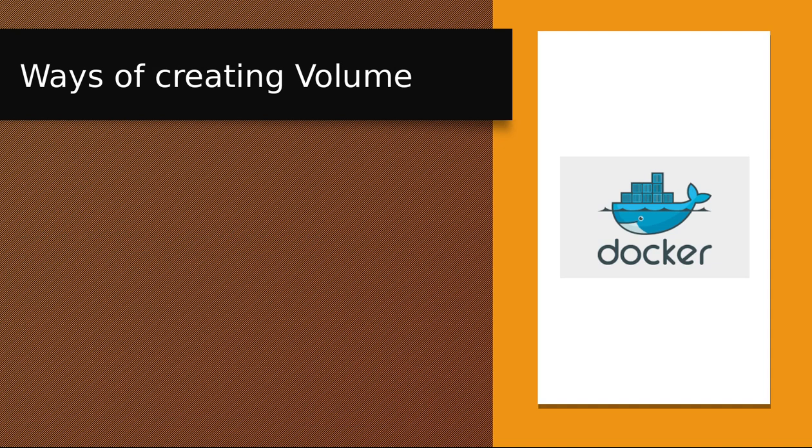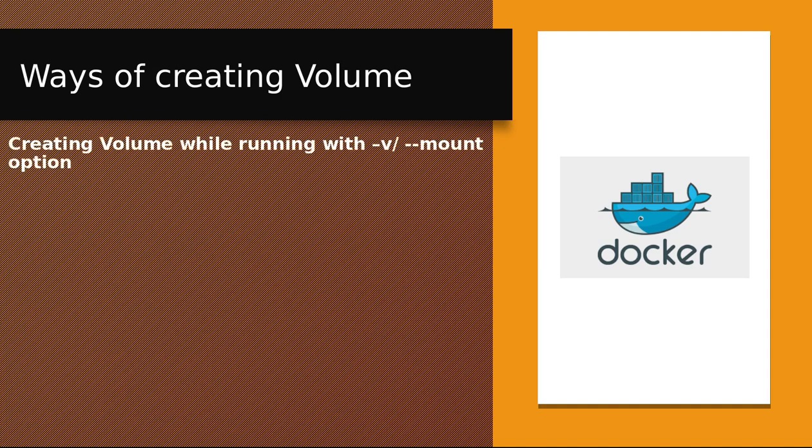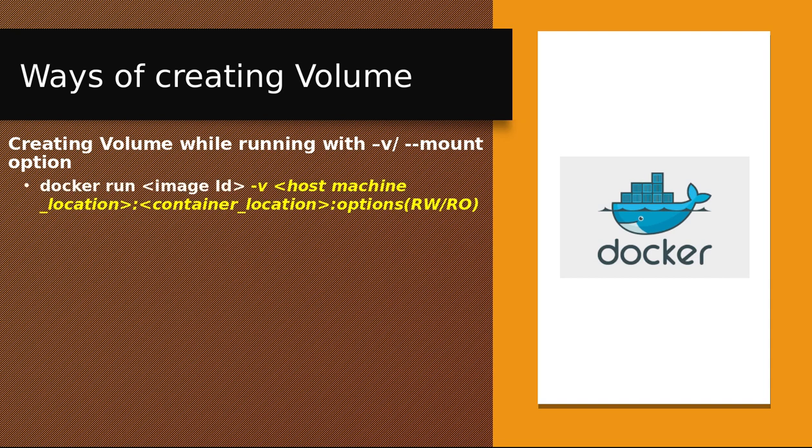So how many ways can we create a volume? First, we can use it directly at runtime. When we are running a container, at that time we can give the -v or --mount option, and we can attach a volume or create a new volume. So this is the command: docker run, image id, whatever unique image id you have, and after that -v and the host machine location.